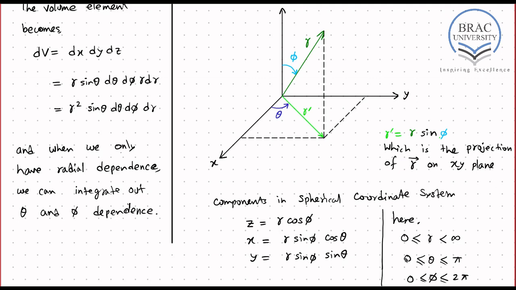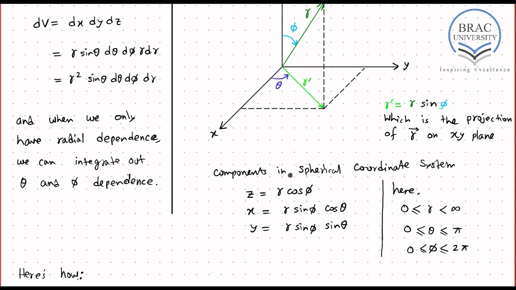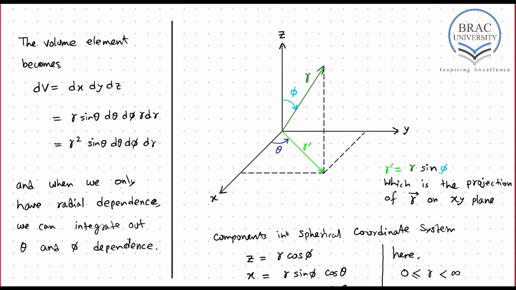The lower and upper limits for the variables r, theta, and phi are given here, as you can see. We basically needed to calculate the volume element, which is dV equals dx times dy times dz.